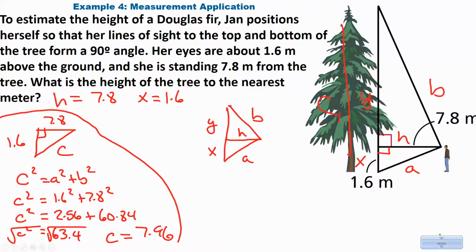So we'll go ahead and say c1, and I'll say c2, so that this is c2, so that we know that. Now that we know this right here is 7.96, and we'll say 7.962, that'll give us the ability, when we round to the nearest meter, to be much closer.